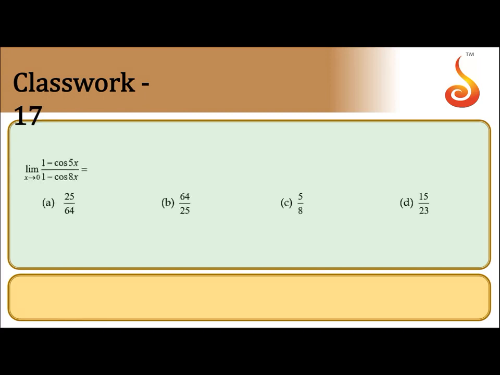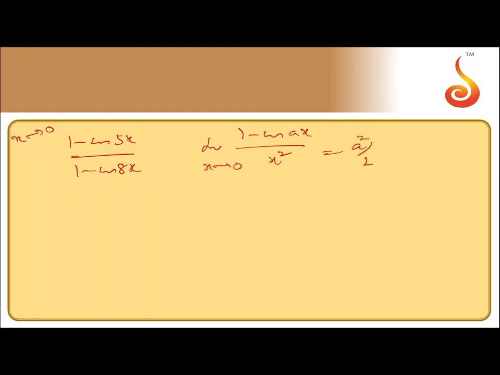Coming to the 17th one. Limit of (1 minus cos 5x) divided by (1 minus cos 8x), as x approaches 0. We apply one formula here: the limit of (1 minus cos ax) divided by x square, as x tends to 0, is nothing but a square by 2.